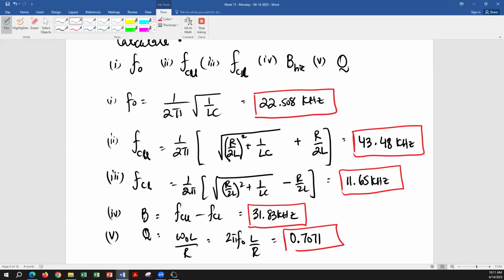If you keep increasing the frequency, the magnitude is going to start going down. Quality factor is quite low, so the width of the filter is going to be large. So I will go at least up to, let's say, 500 kilohertz to plot it.